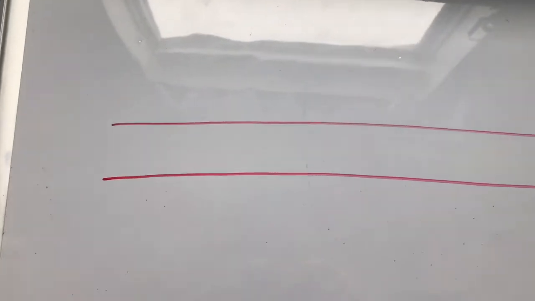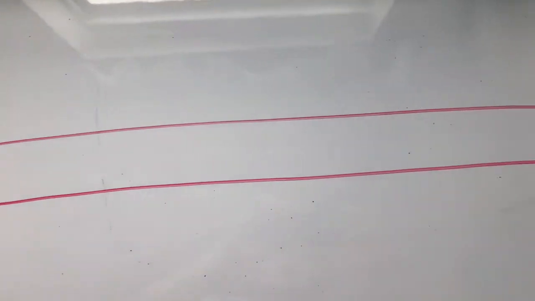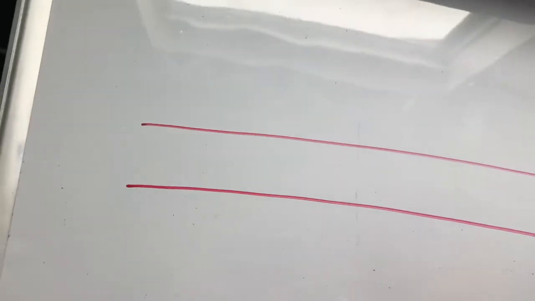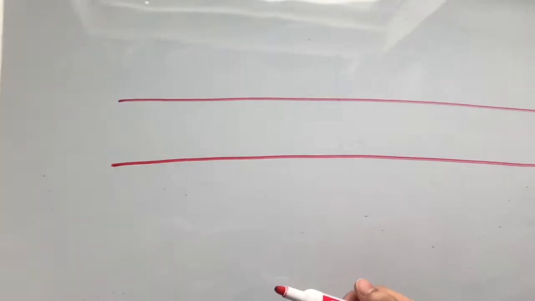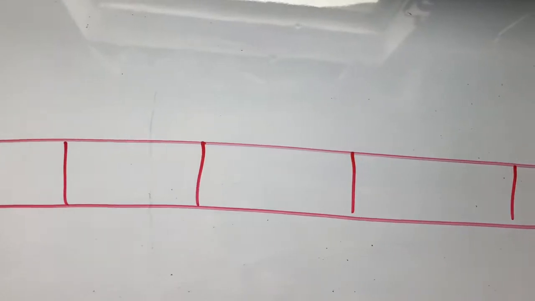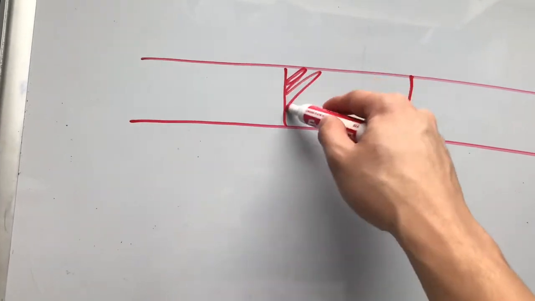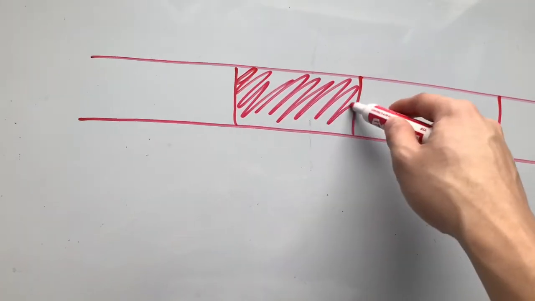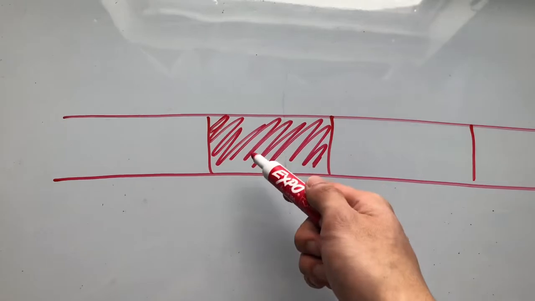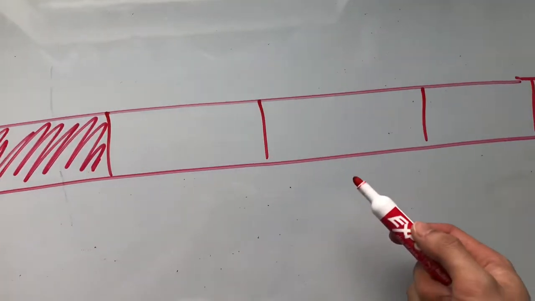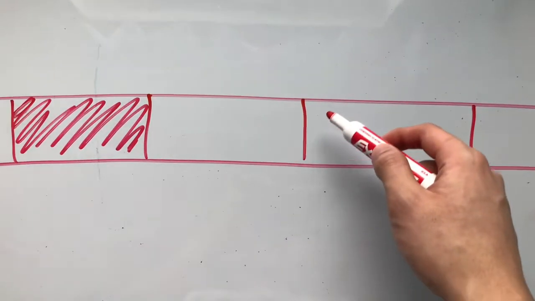So, okay, you know what's really interesting about this RNA molecule is that there's different segments of it. There's 2 classes, and we'll call them introns and exons. The introns will be shaded. The exons will be blank.